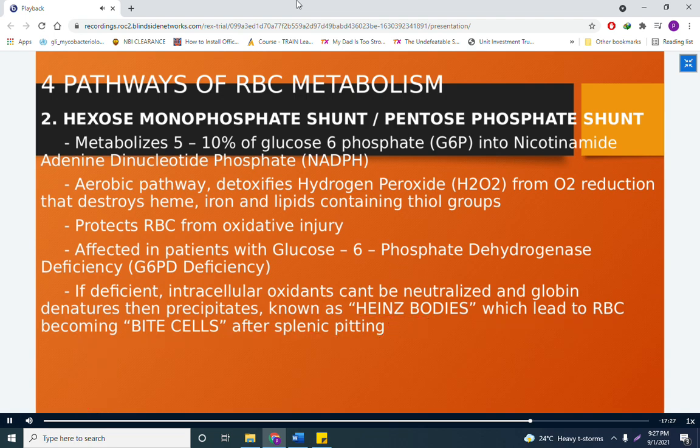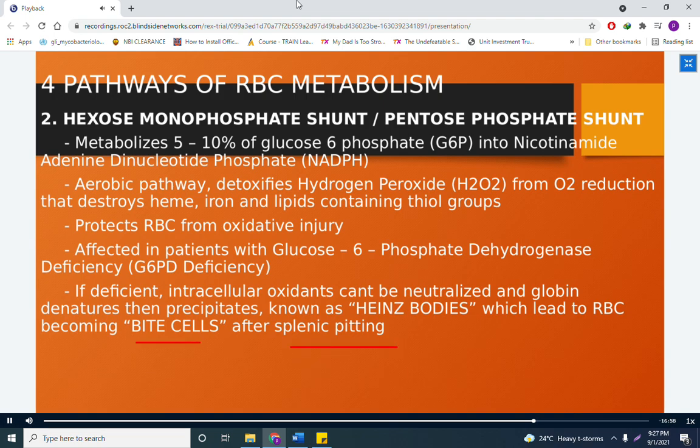Any questions? Let me repeat: if your patient has G6PD deficiency, they cannot detoxify oxidants. That's why the globin will denature and precipitate, known as Heinz bodies. When you have many Heinz bodies, your RBC becomes a bite cell after splenic pitting.